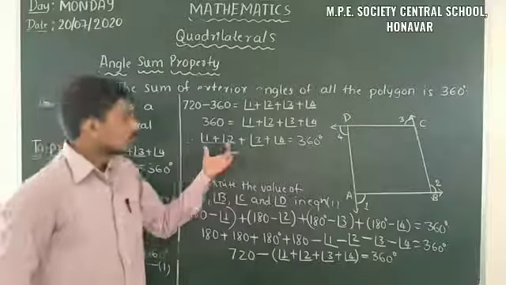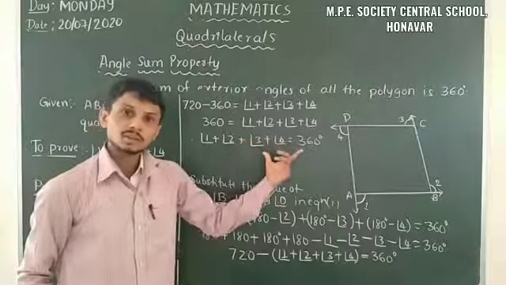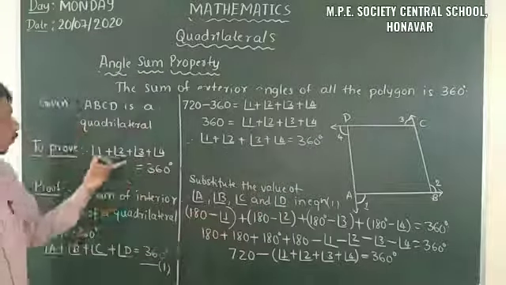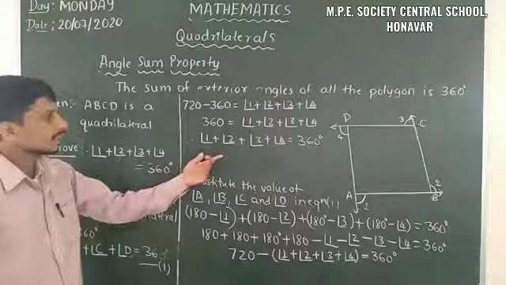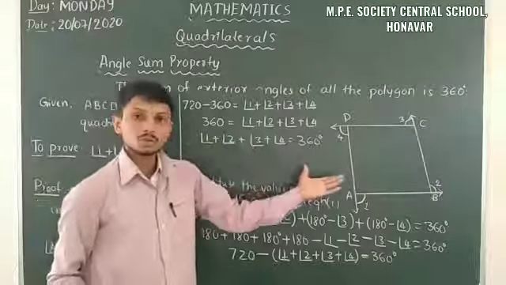So it is our required proof. We had to prove that 1 plus 2 plus 3 plus 4 is equal to 360 degrees. Here what we get is 1 plus 2 plus 3 plus 4 is equal to 360.